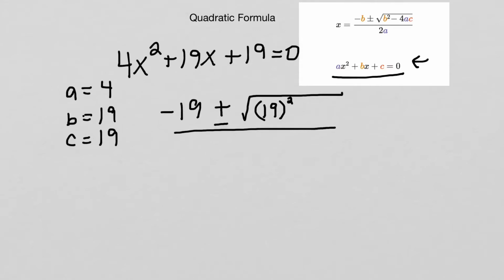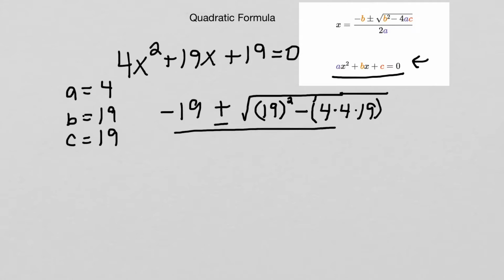Keep looking up and follow me along. Now I want to do minus 4 times a, which is 4, times c, which is 19.